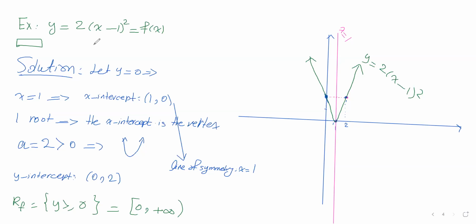The method I'm going to use for the no-root case also works for these two cases. So the last case is very general. You can use this last method that I'm going to tell you today to draw any quadratic function. Can I go to the next page?